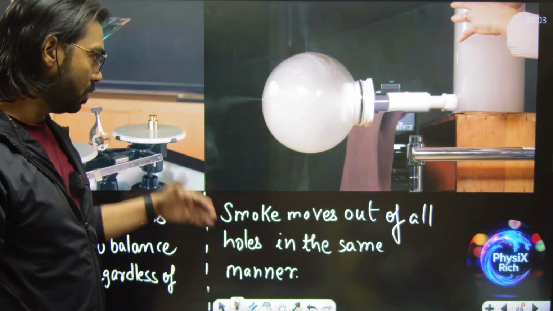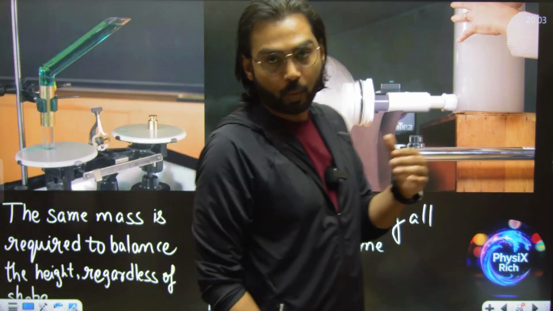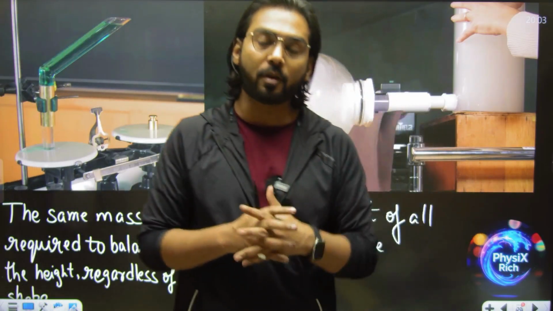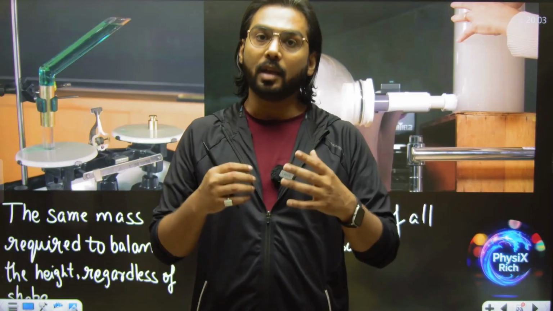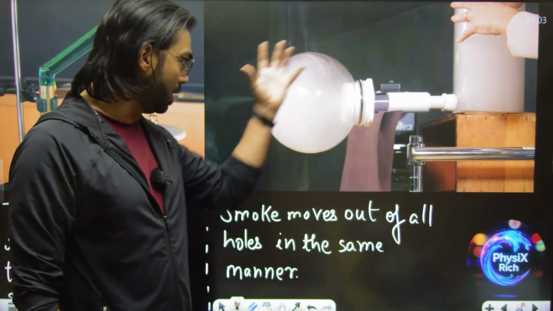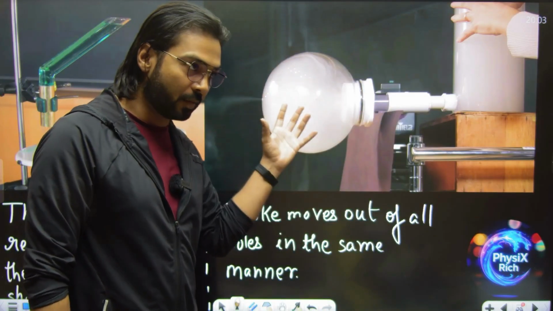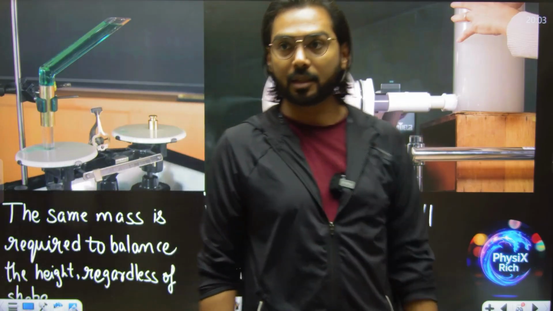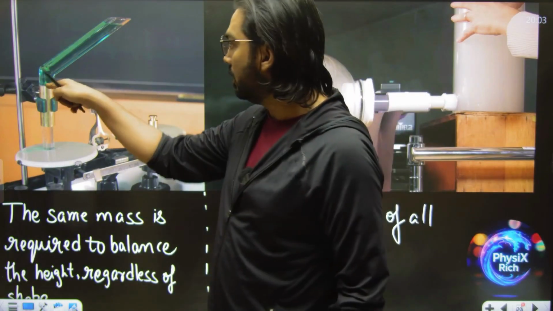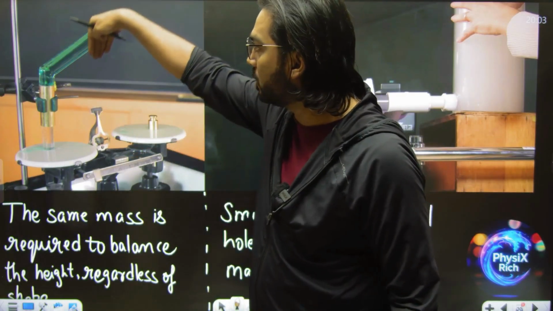So pressure in liquids behaves slightly differently from pressure in gases. In gases, you see the pressure over the overall sphere over here would be the same, but the pressure in this case would be increasing as you go downwards.